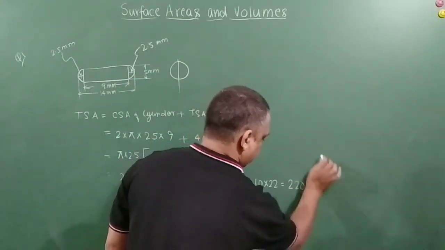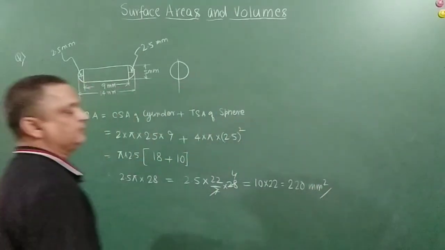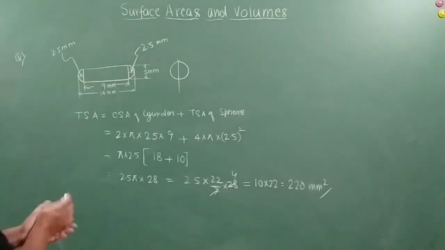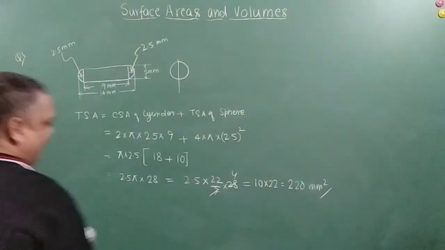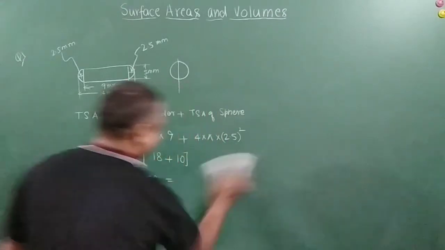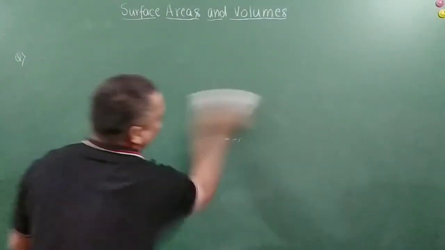Since this is in mm, so mm square. Got it, my friends? Yeah. So this was your capsule problem, medicinal problem. Okay. Moving on to the next one.